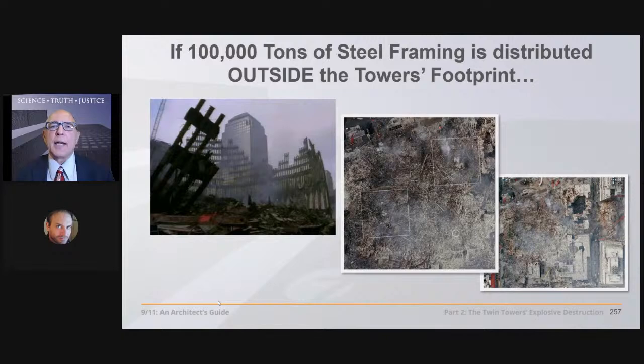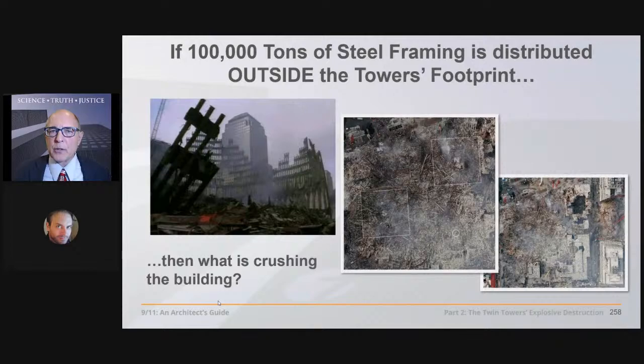By the way, if 100,000 tons of structural steel is distributed well outside the footprint of the building, we have to ask ourselves, what's crushing the building? This is a third of the weight of this building. And you say to yourself, oh, it must be the concrete floors. We'll come to that.